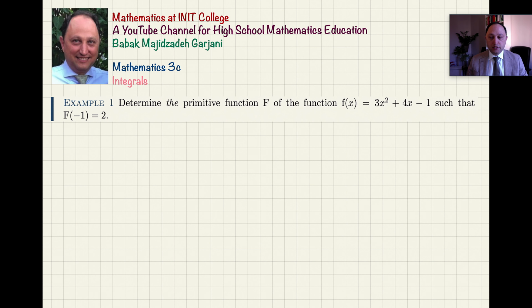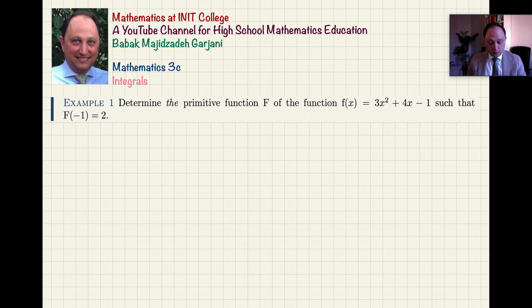One of them is they ask you to find all primitive functions. Then it means that you need to show that you know the concept, and when you find a primitive function, you add a constant to it at the end. Sometimes they ask find a primitive function. So it means that you can choose whatever you want for the constant c and just give us one primitive function. And of course, when that's up to you, I would recommend you to choose c equal to 0 because this is the simplest possible choice.